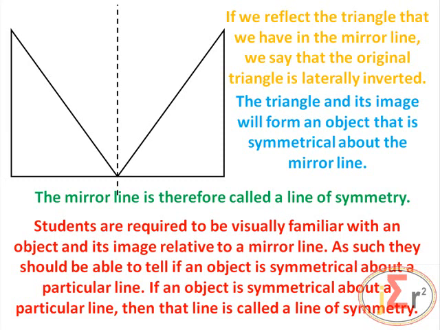Let me read that again. Students are required to be visually familiar with an object and its image relative to a mirror line. As such, they should be able to tell if an object is symmetrical about a particular line. If an object is symmetrical about a particular line, then that line is called a line of symmetry.